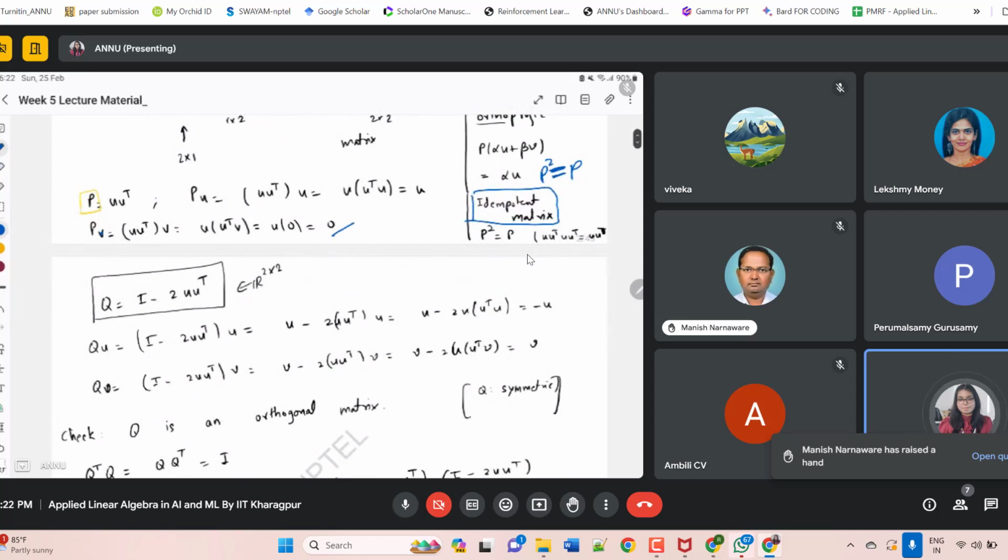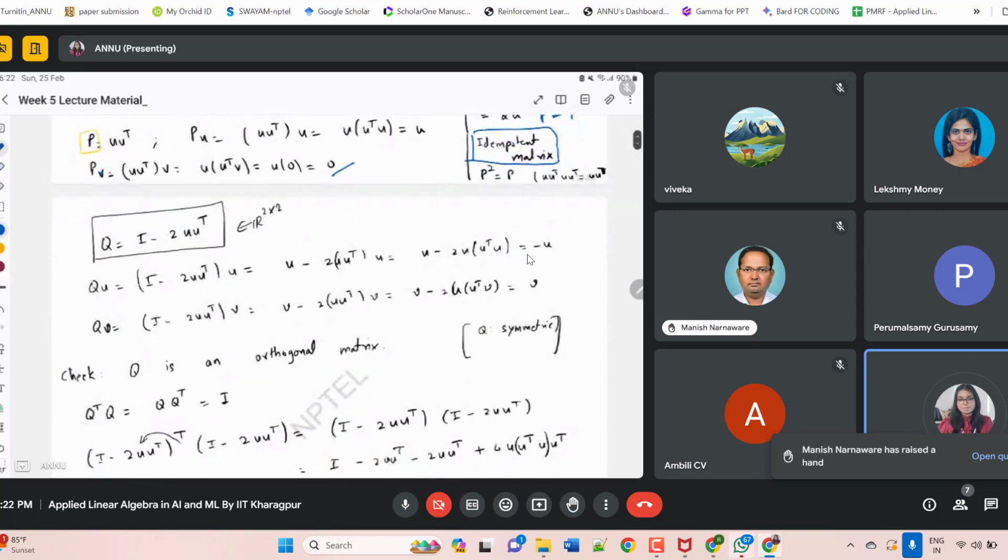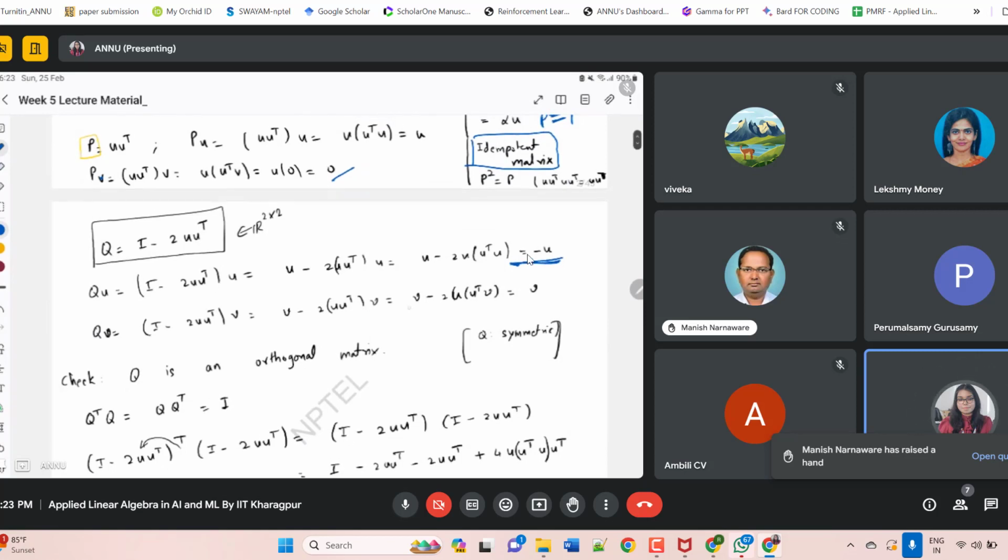Let's name a matrix Q equal to I minus 2UU transpose. Now let's see. Q of U is nothing but (I minus 2UU transpose) multiplied by U, which is U minus 2UU transpose times U, and you get minus U. Whereas for Q of V you get V minus 2UU transpose V. Using the associative property, this is V minus 2U times (U transpose V).